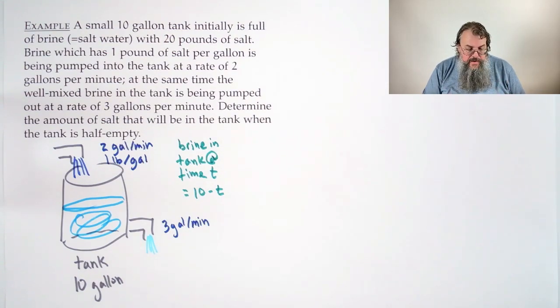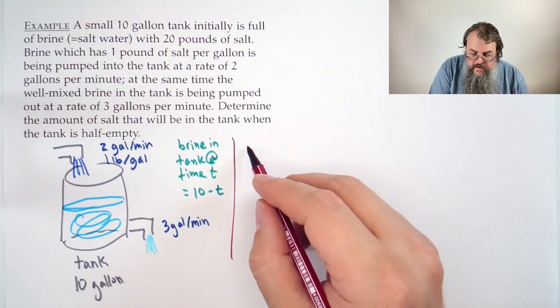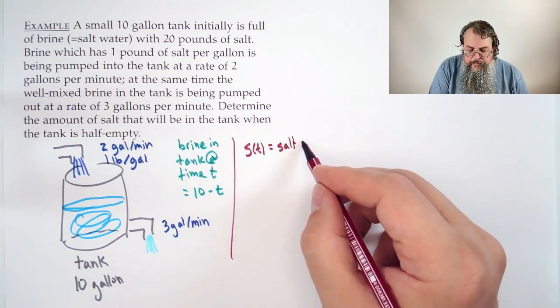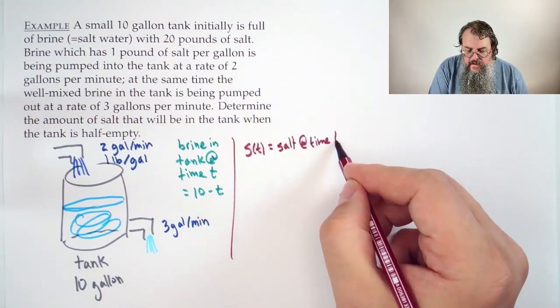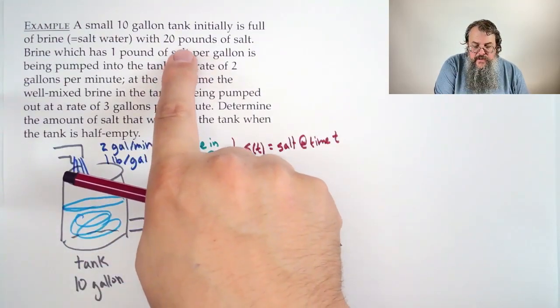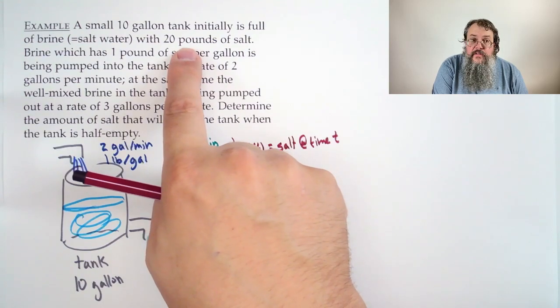So let's start piecing things together. What do we know? If we let S of t be the salt at time t, we are told S of 0 equals 20, because initially it has 20 pounds of salt.